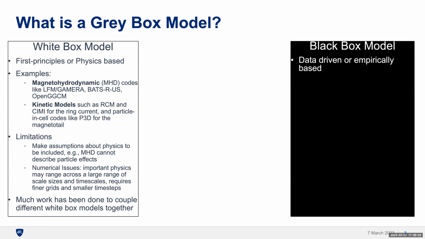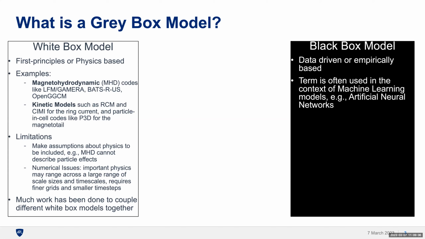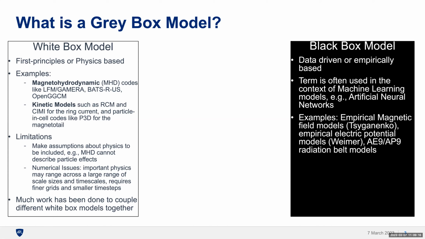So what are black box models? These are data-driven or empirical based. The term is often used in the context of machine learning, and artificial neural networks are often called black box models. In the magnetosphere, there are empirical magnetic field models, empirical electric field models, and a variety of different empirical models for radiation belts and the ionosphere across the domain.